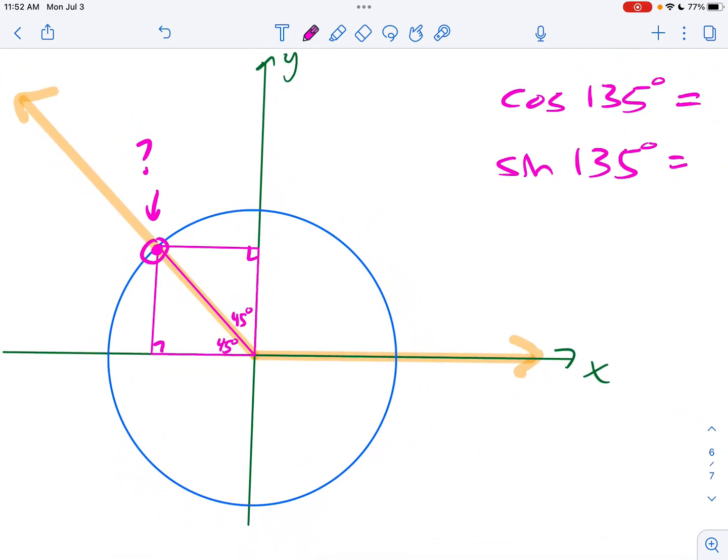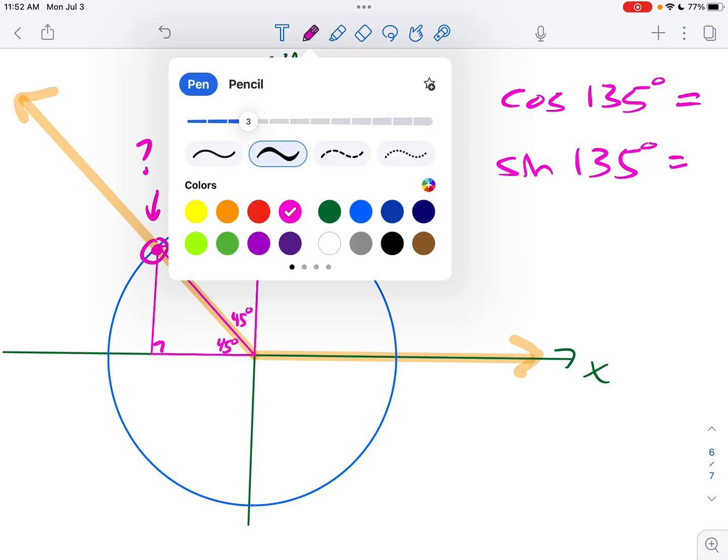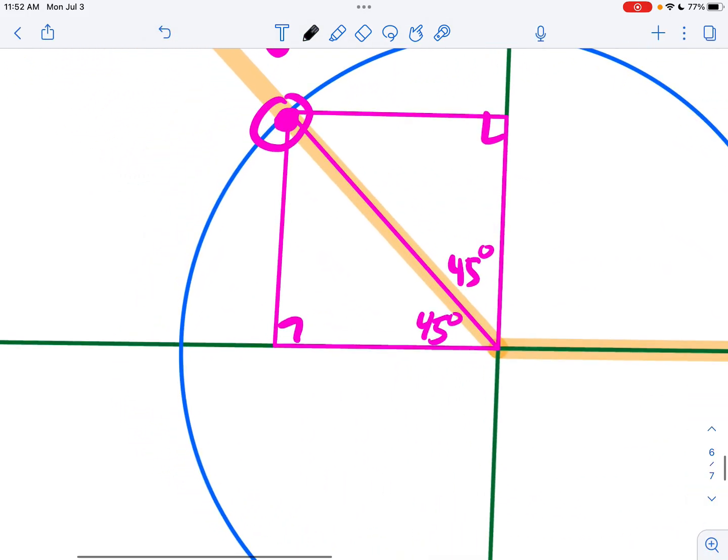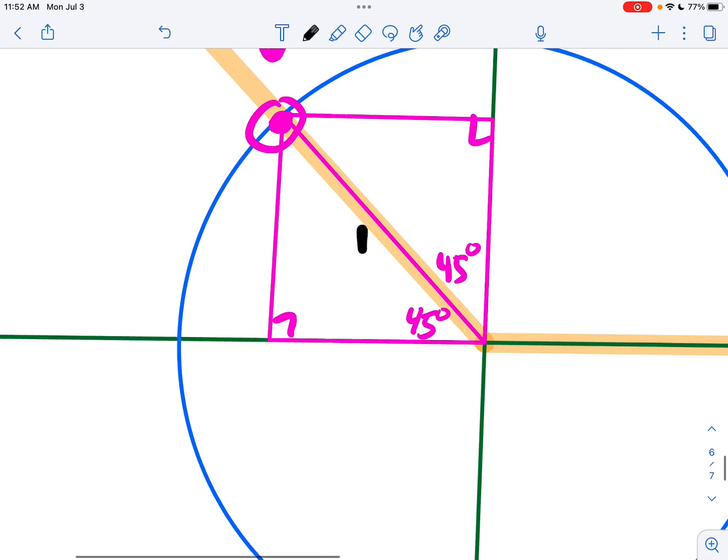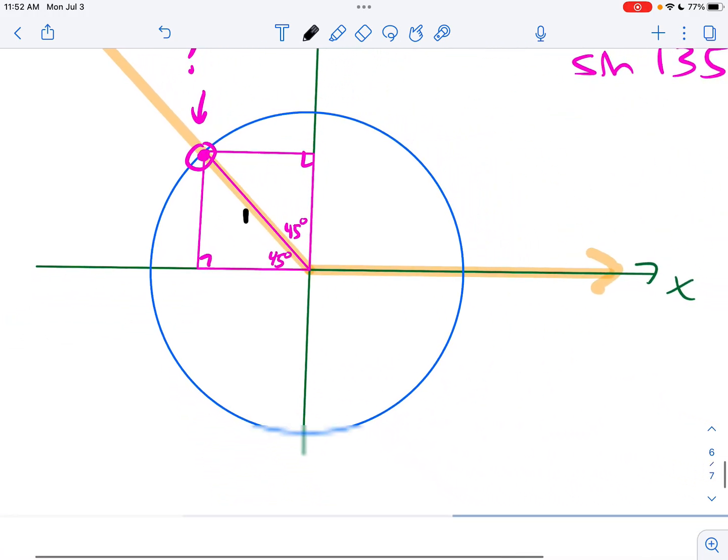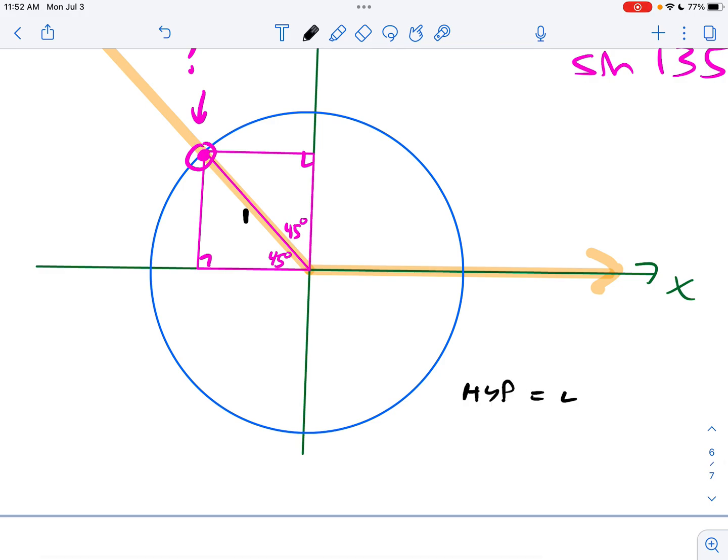Also, by definition, the radius of the unit circle is 1. So this distance here is 1. Now let's remember, in a 45-45-90 triangle, the hypotenuse is a leg times the square root of 2.